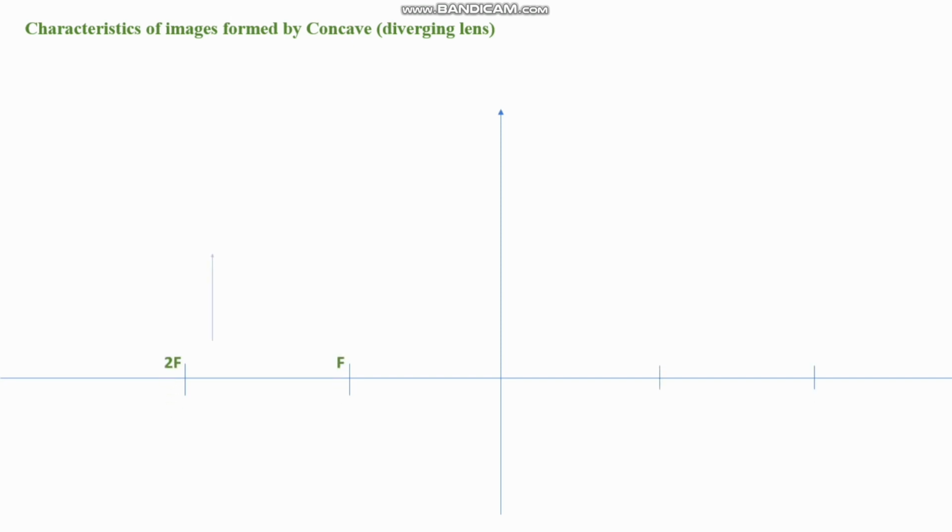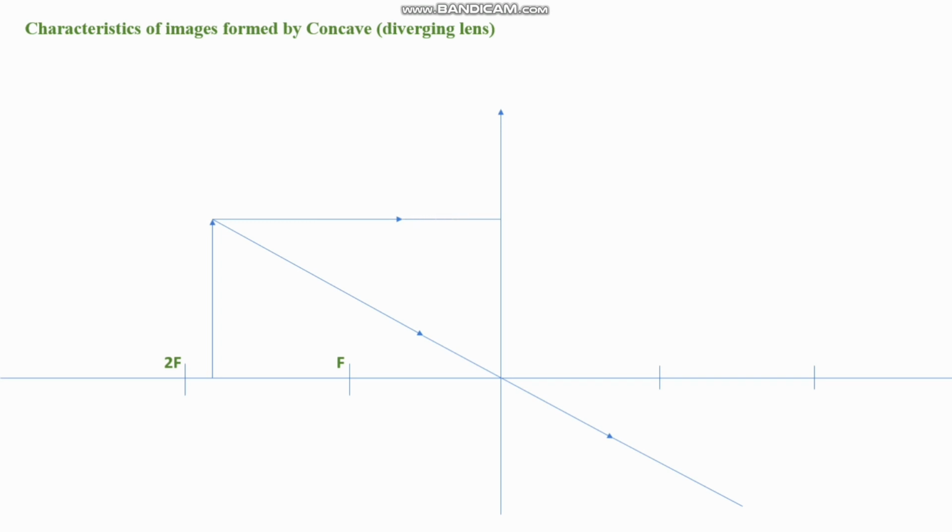F and the 2F. So we have an object, and I've chosen randomly that our object be between F and 2F. We are going to use the two fundamental rays, the one that passes through the optical center, that passes undeviated, so it's not refracted. So that's one of the rays. And also we are going to use the ray that is parallel to the principal axis.